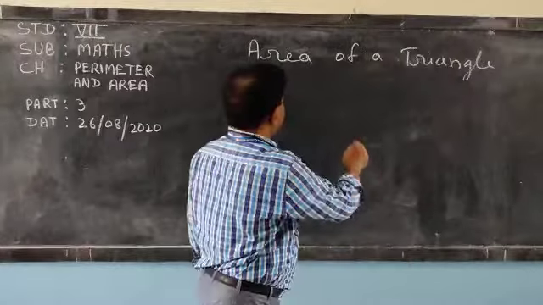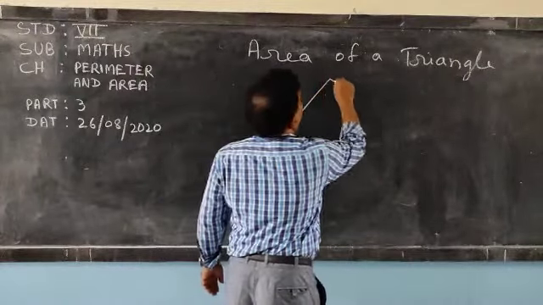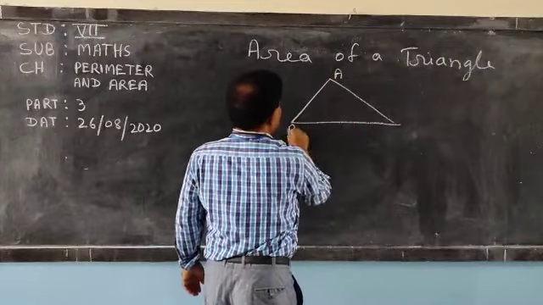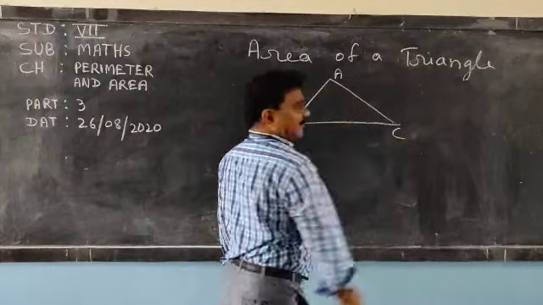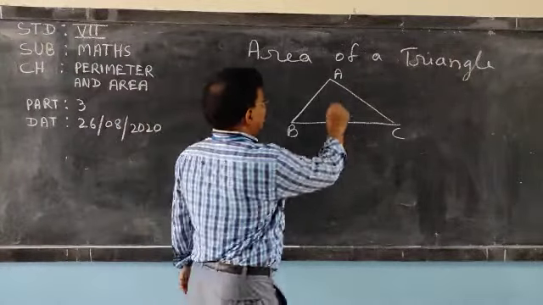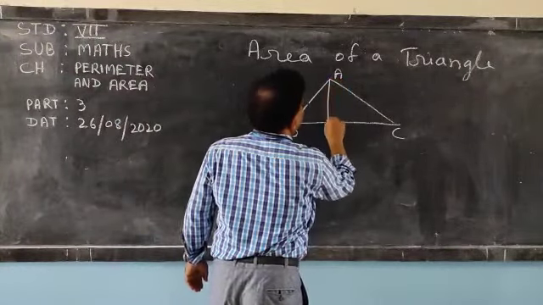Now this is a triangle. Let it be A, B and C, and let me draw one perpendicular.